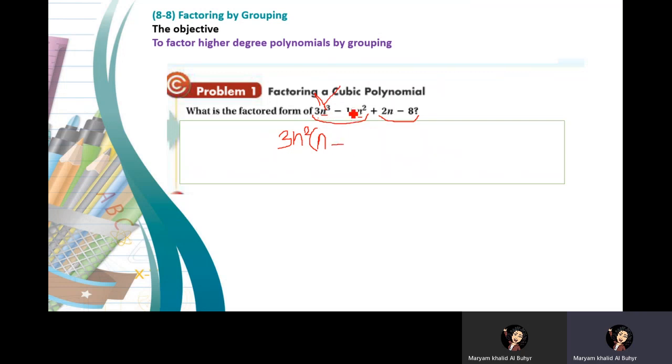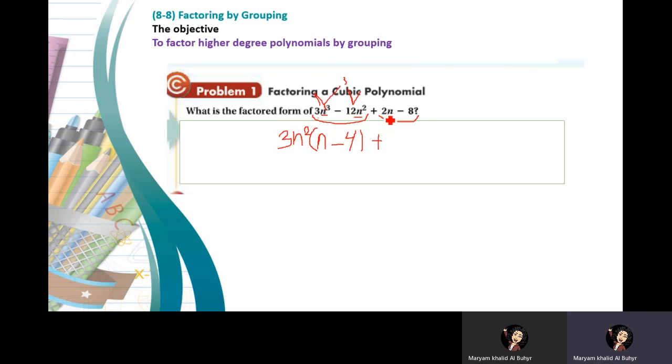And if I factor 12 into two factors, I will have 3 times 4. So the remaining from this side is 4. Since I already pulled out the n to the power 2, the remaining is only n, and the remaining is only 4.